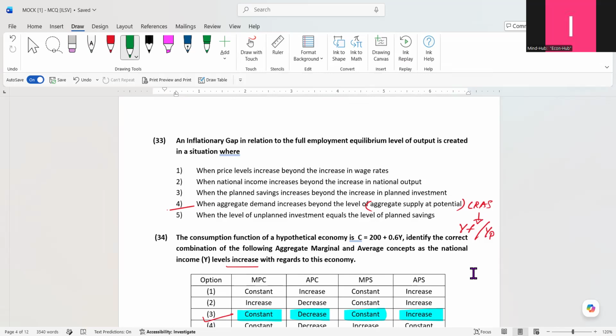The economy starts to overheat. The result of that is demand pull inflation. That's why we call this an inflationary output gap. Answer number 4. So these inflationary gaps, deflationary gaps, output gaps, expenditure gaps, you have to be very clear with these things. In unit 6, there's a separate material I have given just to explain these gaps and how the diagrams are shown.